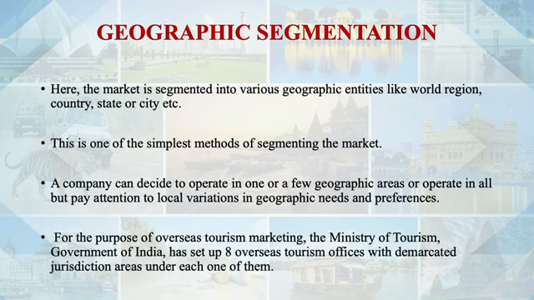For the purpose of overseas tourism marketing, the Ministry of Tourism, Government of India has set up 8 overseas tourism offices, with a demarcated jurisdiction area under each one of them.